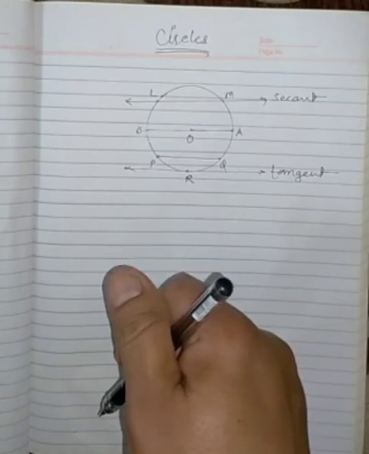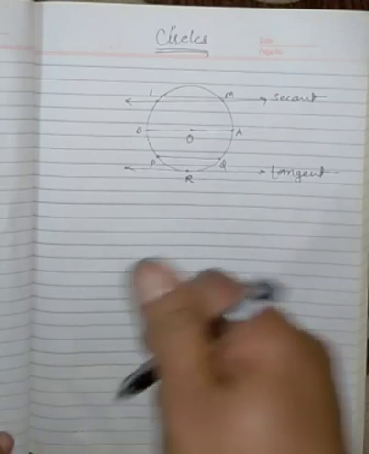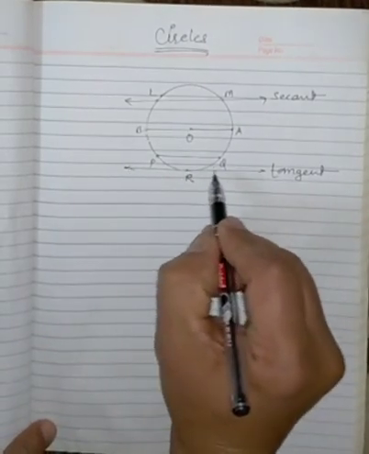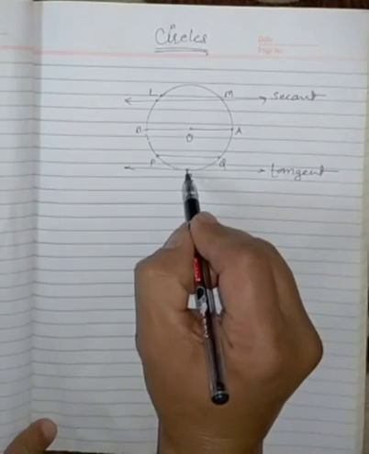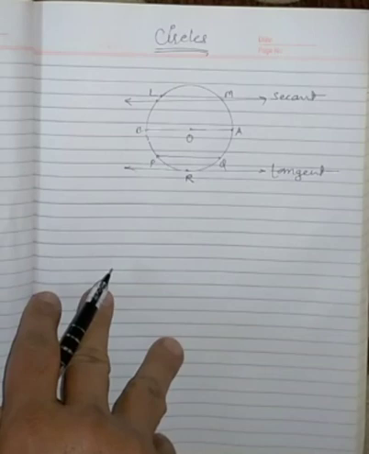So some theorems that we have to study in this class are Theorem 10.1, which is: the tangent at any point of the circle is perpendicular to the radius through the point of contact.